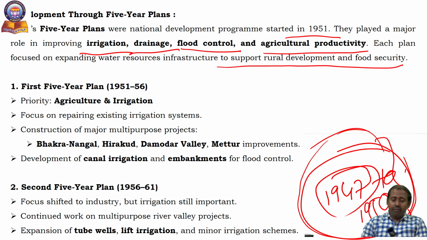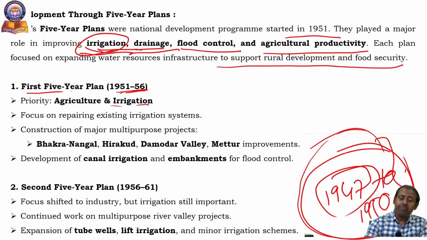In the first 5-year plan, 1951 to 56, the government took the main priority on agriculture and irrigation, that is the irrigation system. Sorry, irrigation is not drainage, that is irrigation. That was the main priority in the first 5-year plan.